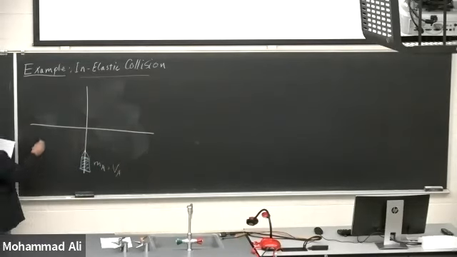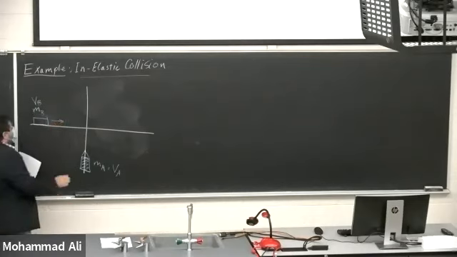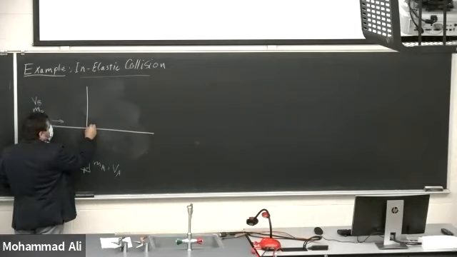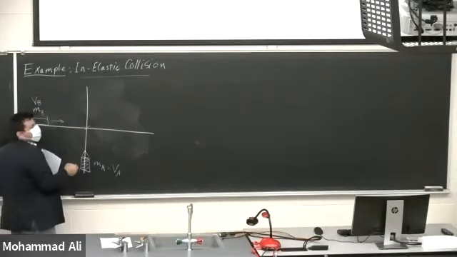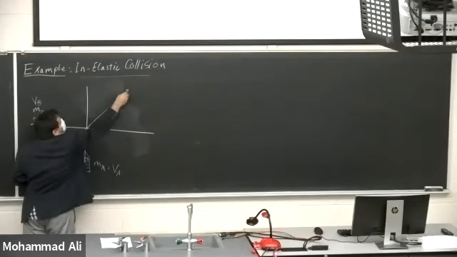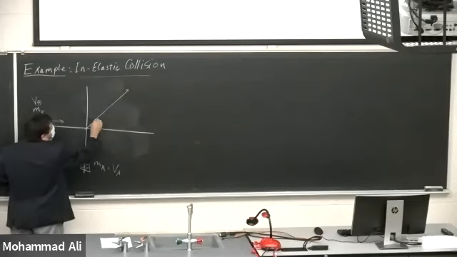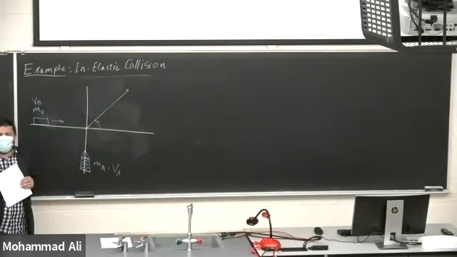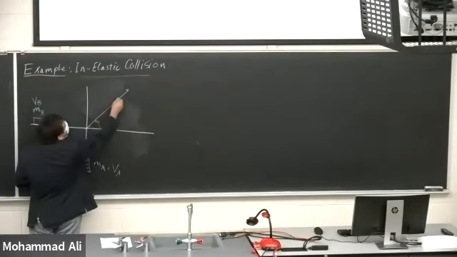And we have another object, MB, with velocity V in the positive x direction. At the origin, they collide. Then they move in one direction with an angle from the positive x-axis, and they stick together.